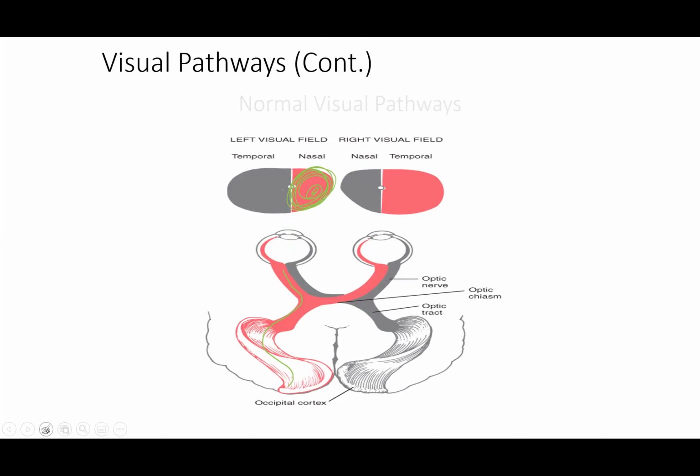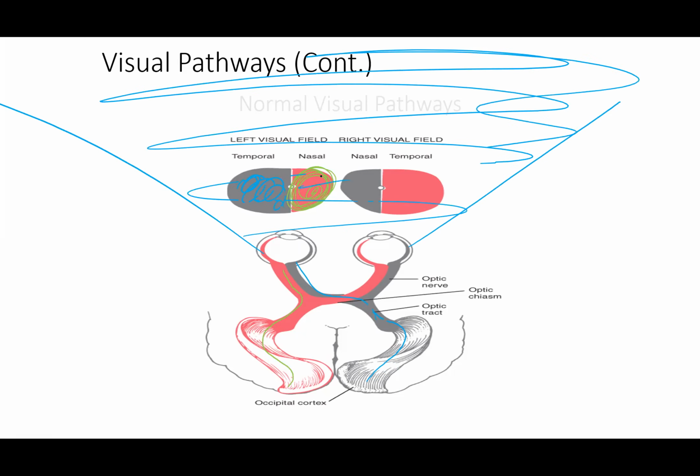Okay, and then on the other side, they're trying to show the gray, right, is responsible for the more temporal. Okay, and so as a result, we can see basically like this. All right, so all of this should be our normal visual field if everything is working properly.